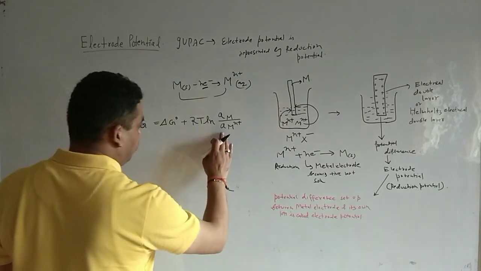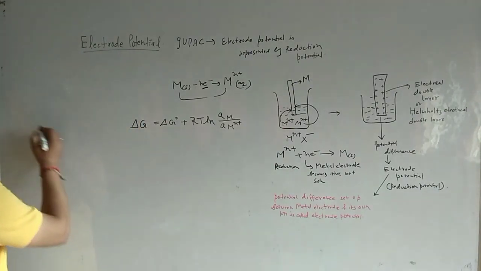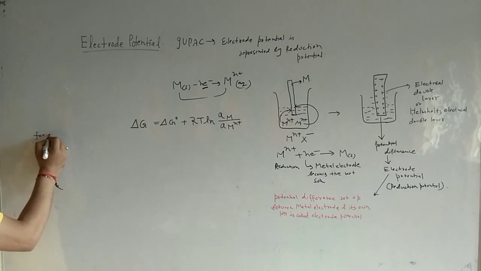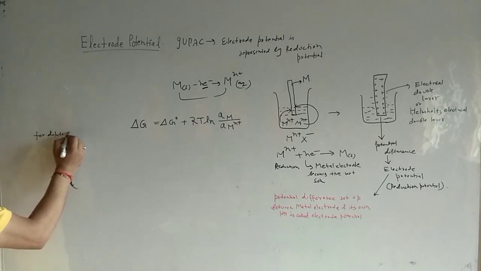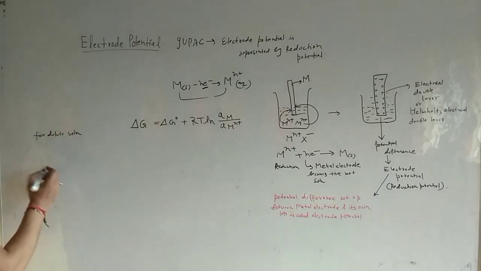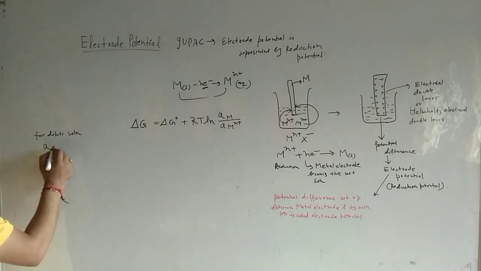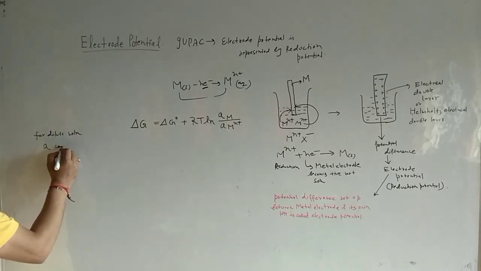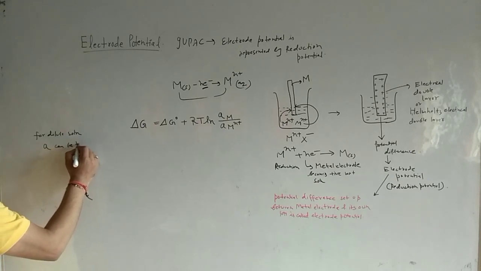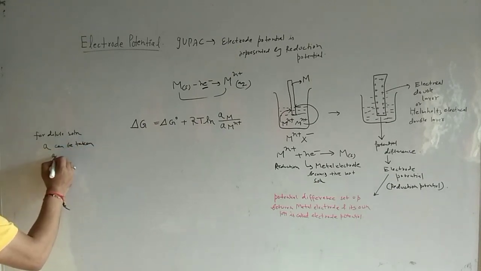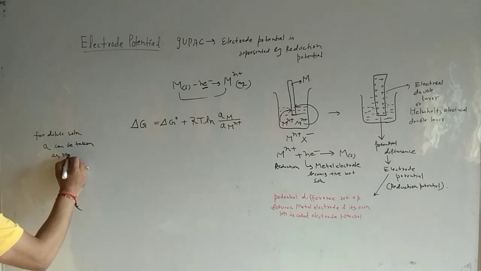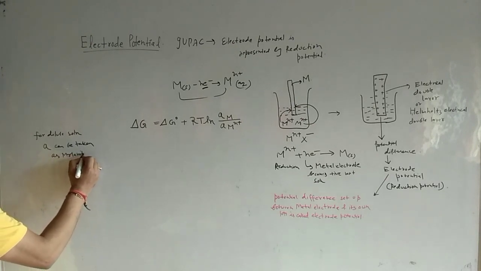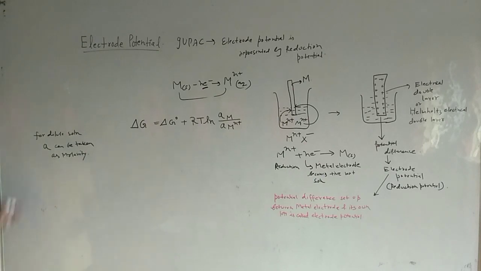You should note down one thing: for dilute solution, activity can be taken as molarity, right? This activity is actually a different term which is not exactly equal to the molar concentration.